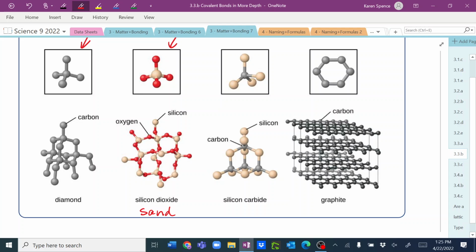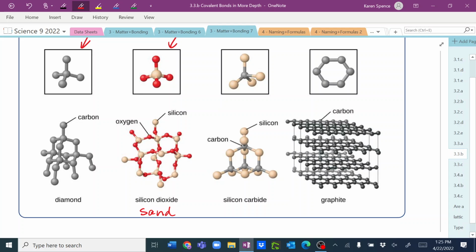Yes? It looks like the carbon is only bonded to 1, 2, 3 things. Yes? 1, 2, 3. In between the layers, these aren't actually bonds. It's just that there's no way that this structure would stay together if we didn't have a stick between them.